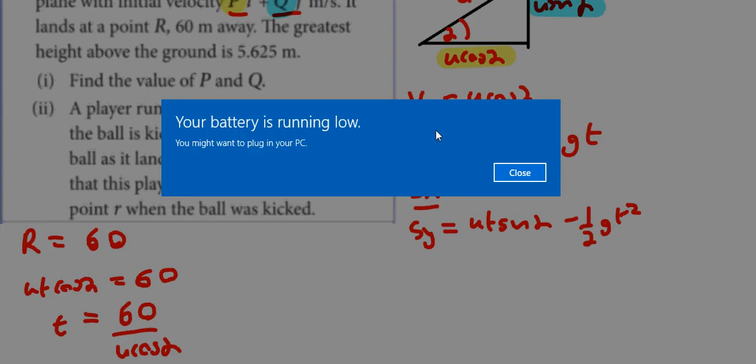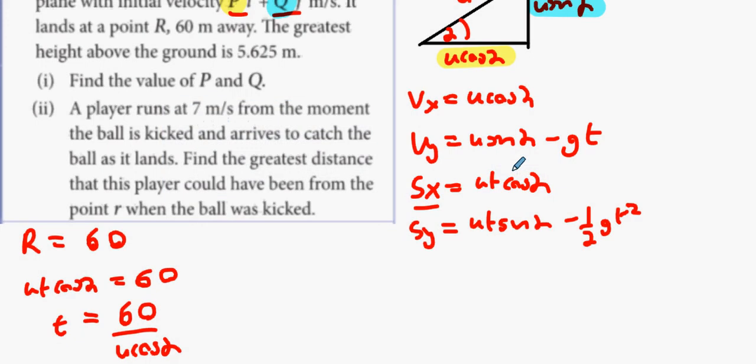Out of interest, a little cheat here. I'm thinking of doing a little shortcut. Could anybody suggest how I could use the time of flight to relate that to the greatest height? What's the trick? You can half it, couldn't you? Is it symmetrical?